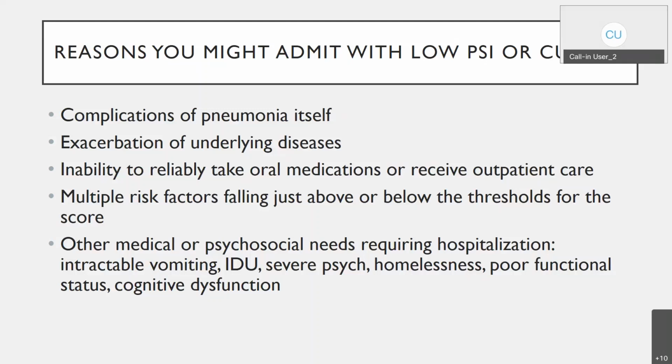If they have multiple risk factors that are on the borderline of qualifying for inpatient care, or if there's other medical or psychosocial needs that might require hospitalization, such as vomiting, injection drug use, homelessness, or cognitive dysfunction.